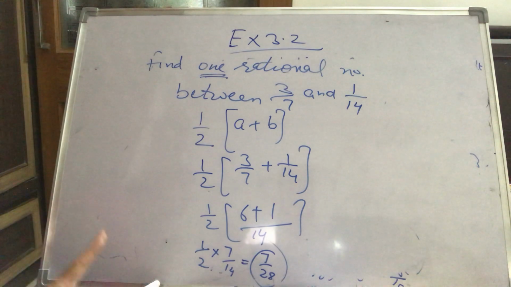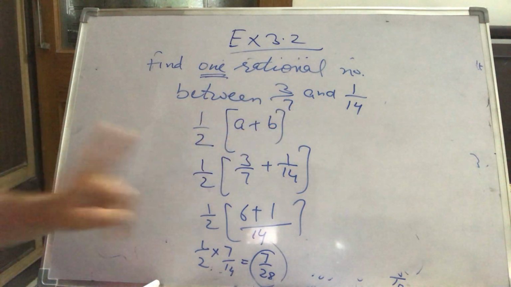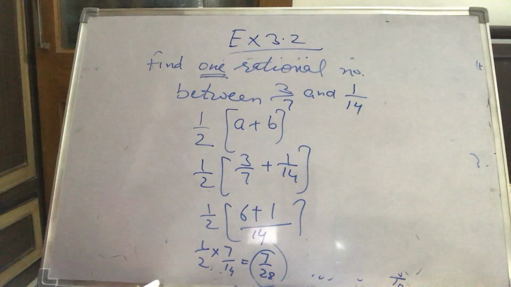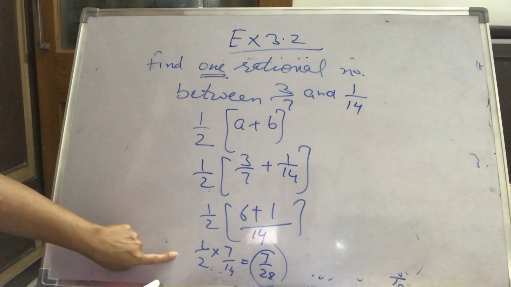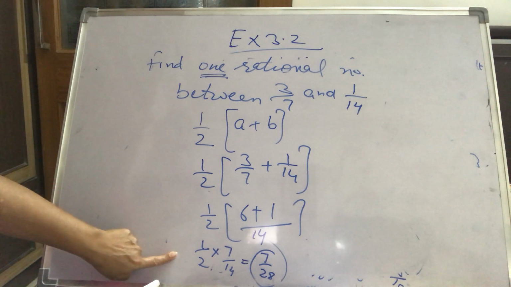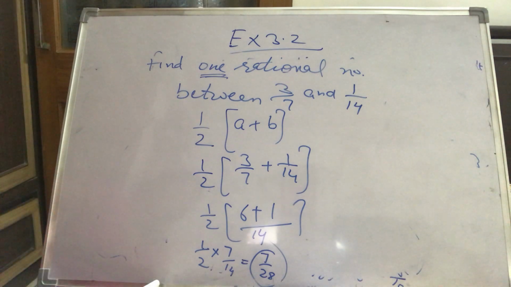There are so many rational numbers between these two, but if we are asked to find only one rational number, this is the method that we follow. That is called the average method also. I hope I am clear for this question, finding the rational numbers between two rational numbers.